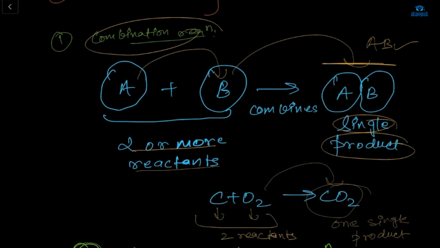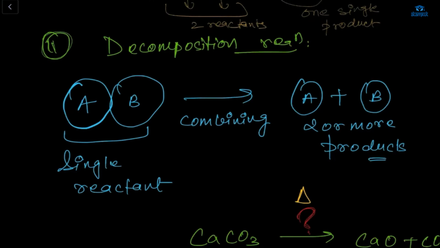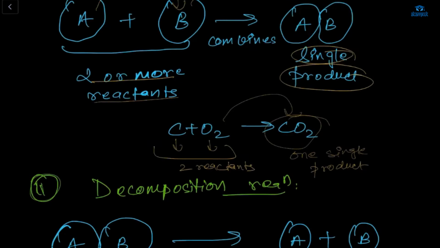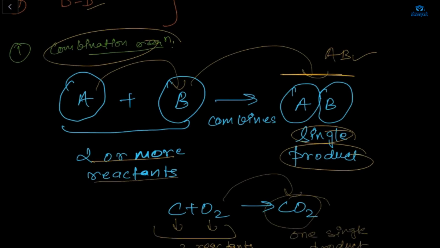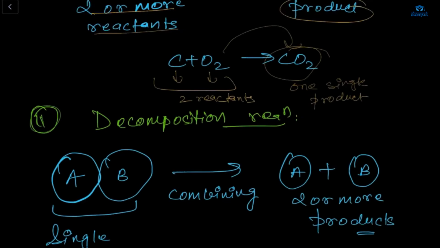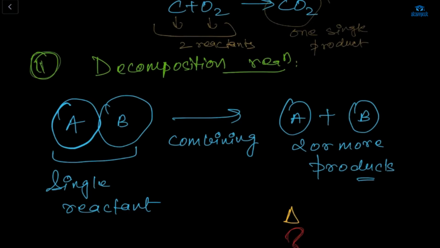Okay, got it? Any doubt in combination reaction, Navya? Anybody? No doubt? Okay. Now, what is decomposition reaction, anyone? Nobody? Okay. It's just the opposite of combination reaction. Here 2 or more reactants are combining to a single product, and in decomposition, a single reactant breaks into 2 or more products.